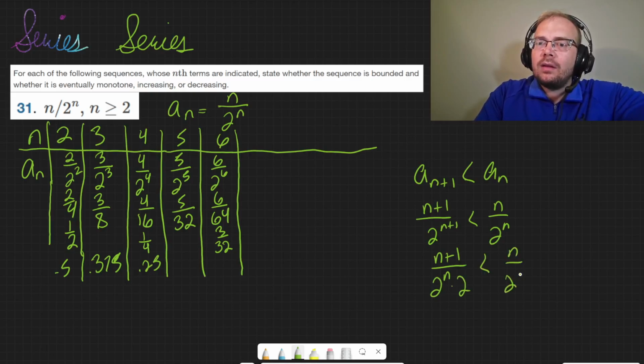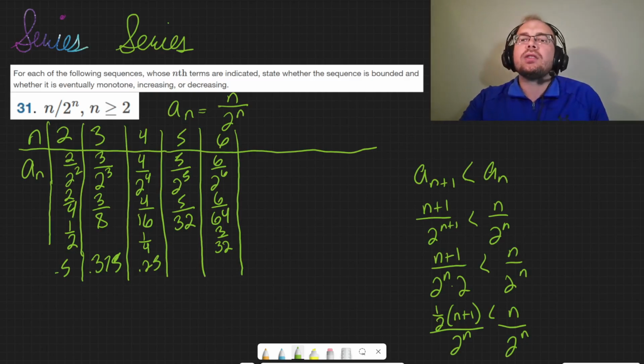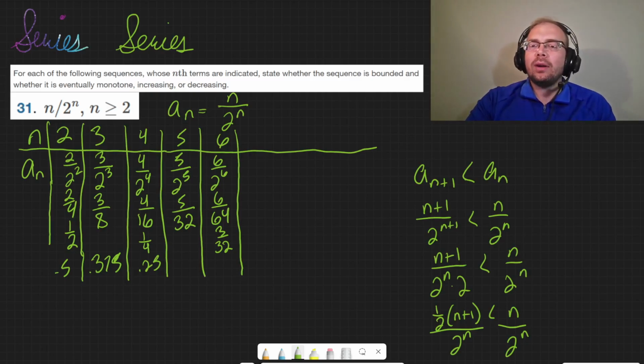And remember what I was saying earlier about how if you have the denominators the same, you can just compare the numerators? Well, 1/2 of n plus 1 less than n over 2 to the n over 2 to the n. So we just get rid of the 2 to the n's at that point. So you're saying 1/2 of n plus 1 is less than n for all n, and for n values starting at 2 and greater, yeah.